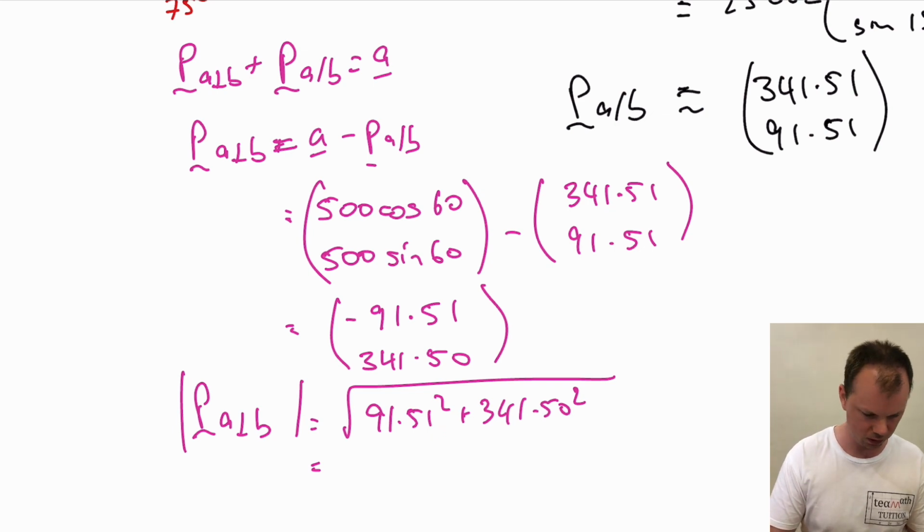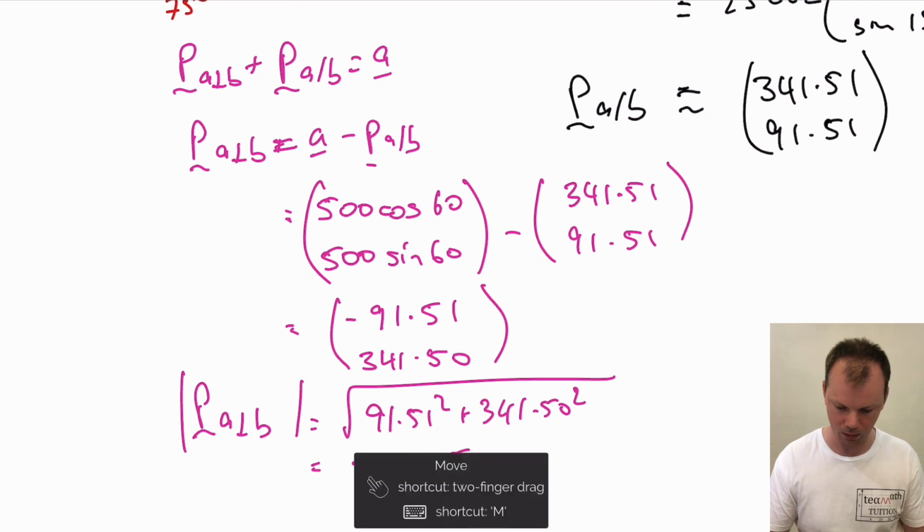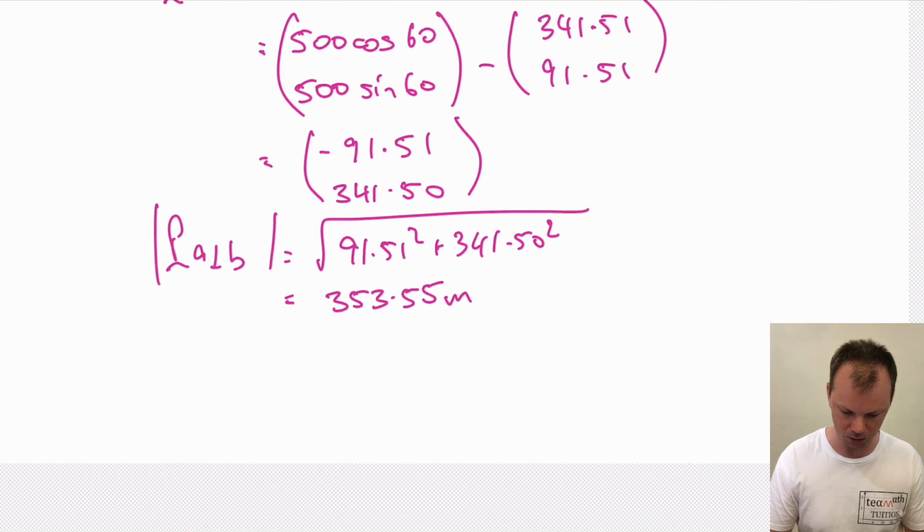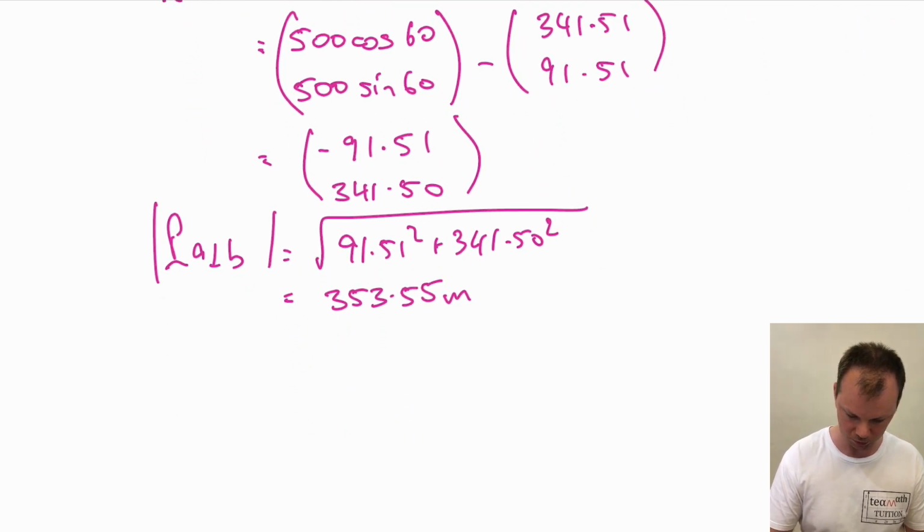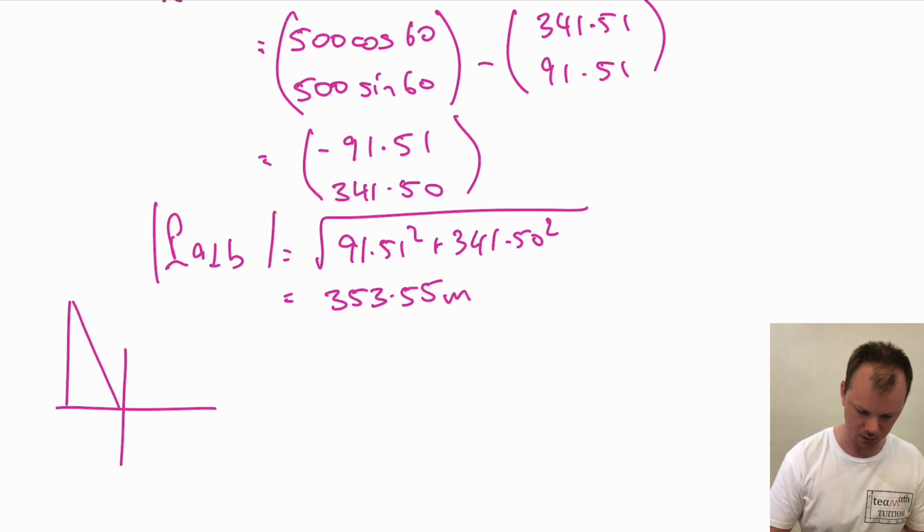We get 353.55 meters. If we're looking for an angle, let's draw our picture. We've got -91 and 340, so we've got something like this. This is our angle.